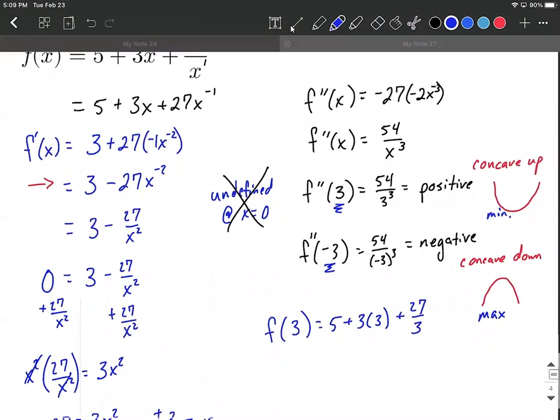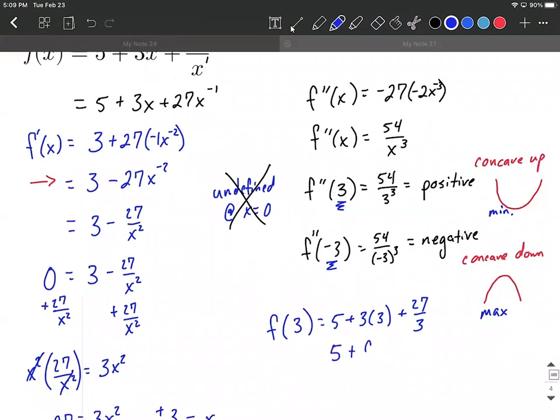This works out to be 5 plus 9 plus 9 more. So we're going to get a positive 23. So the critical point is (3, 23), and that's going to be a local or relative minimum.